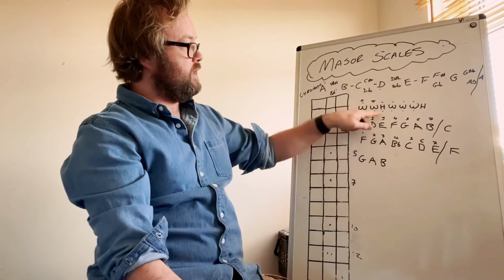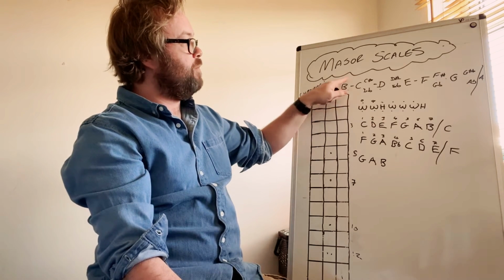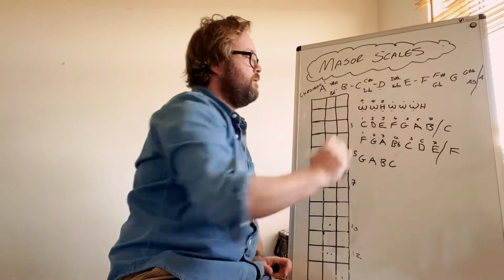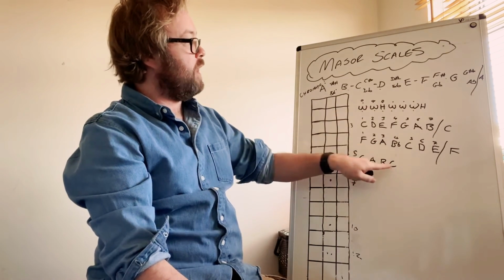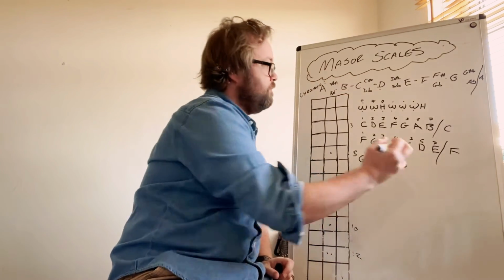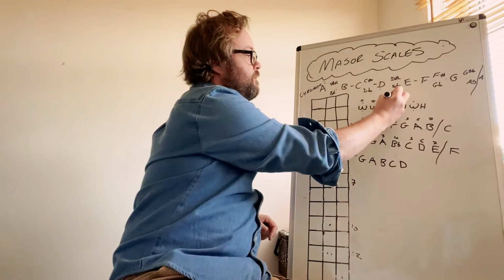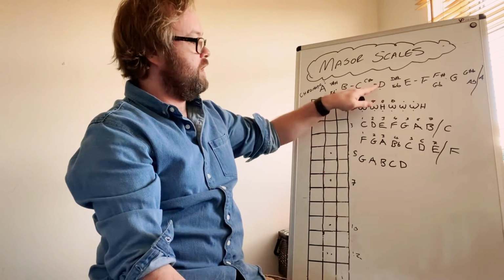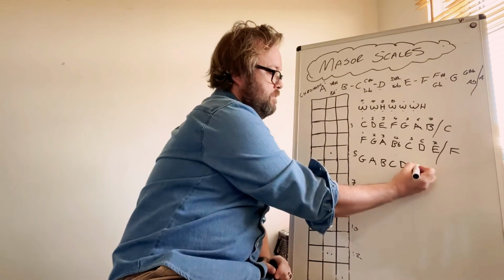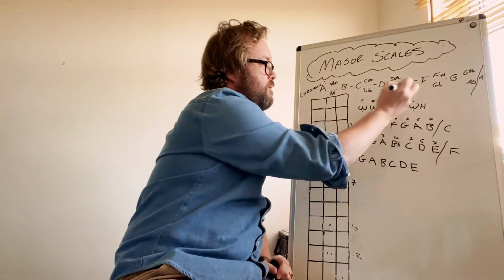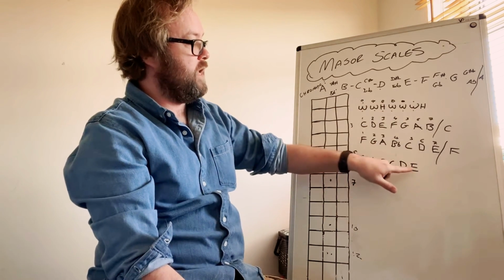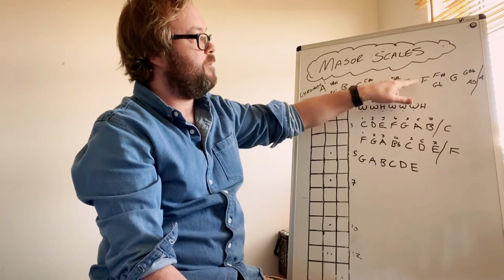The next one is a half step from B. 1 movement along gives us C. Okay, tick it off. The next one is a whole step from C: C, C sharp, D. Tick it off. The next one is a whole step from D, so D, D sharp, E. Tick it off. Next one is a whole step from E, so E, F, F sharp.